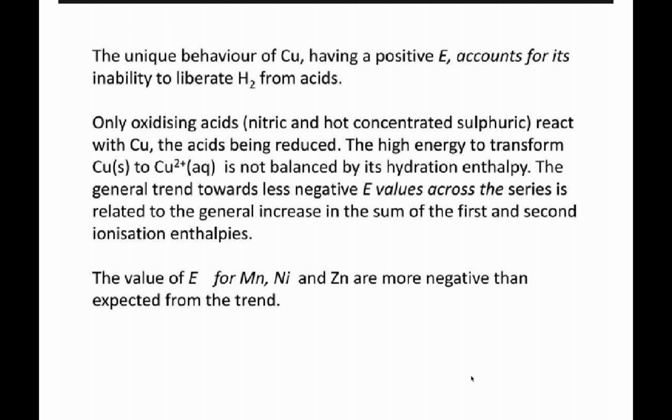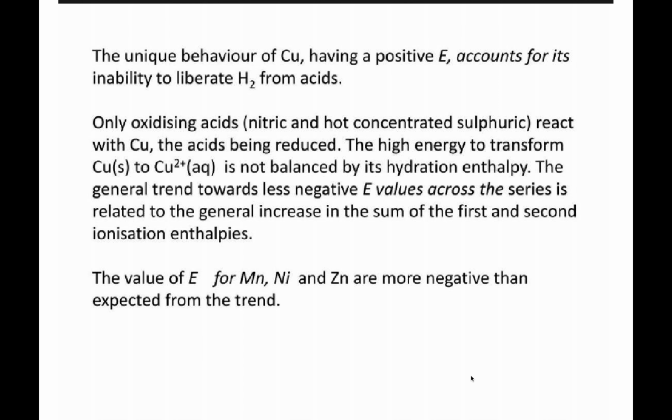It has a positive electrode potential, accounting for its inability to liberate hydrogen from acids. Mostly oxidizing acids like nitric acid and hot concentrated sulfuric acid can react with copper, and the acids get reduced.